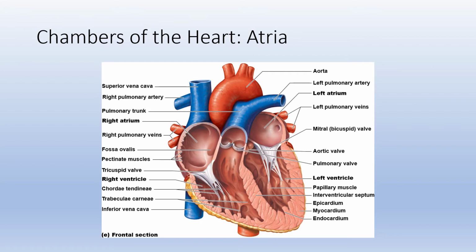It is best seen from the posterior view of the heart. The left atrium now receives blood from the lungs, but more specifically, it will receive oxygen-rich blood through 4 pulmonary veins, 2 from the left lung and 2 from the right lung.